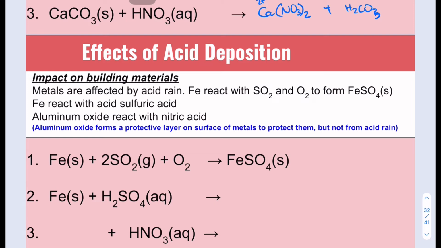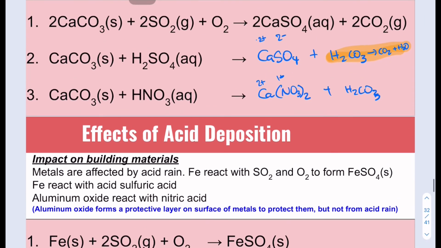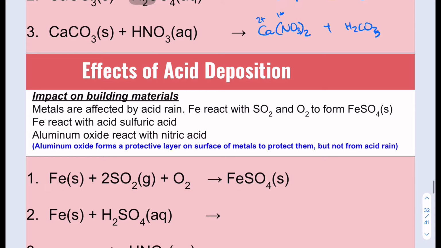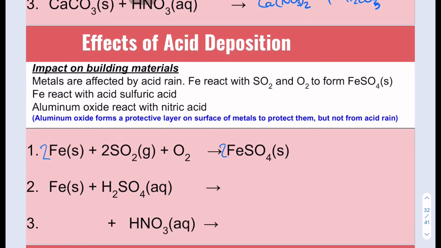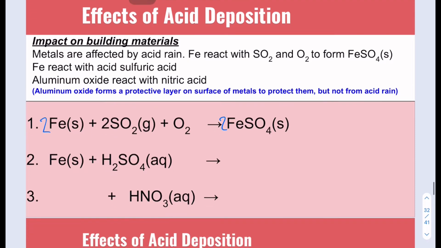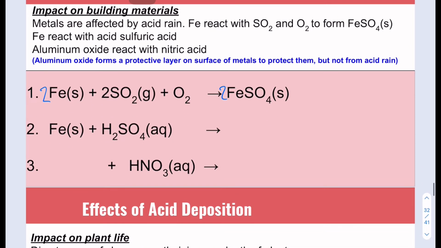So when we have iron react with sulfur dioxide in the presence of oxygen, we form iron sulfate. Okay, this equation here is not balanced, so you can balance that. I hope when you balance the equation, you found that we have this.